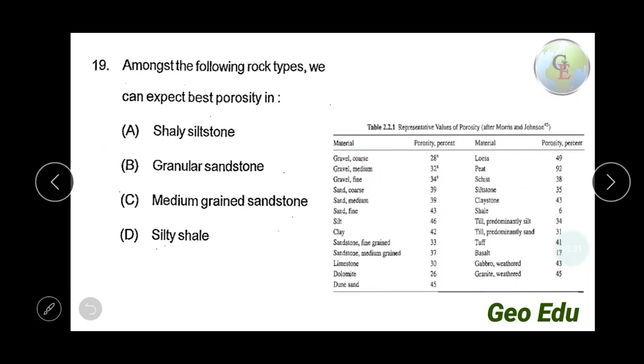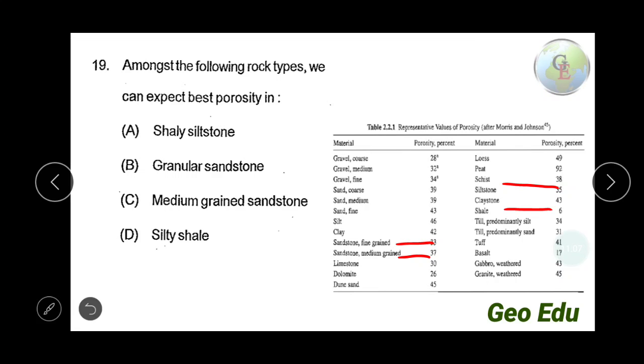Next question: amongst the following rock types, we can expect best porosity in option A shelly siltstone, option B granular sandstone, option C medium grain sandstone, option D silty shale. Here I have given one table showing the porosity of different rock materials, like shale has porosity 6%, siltstone 35%, fine grained sandstone 33%, and medium grained 37%.